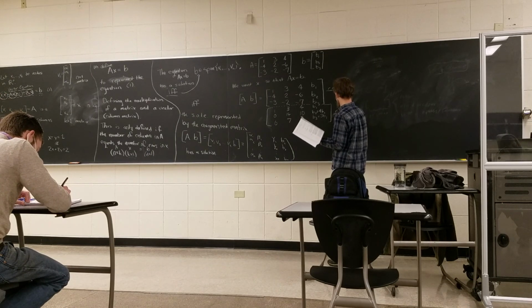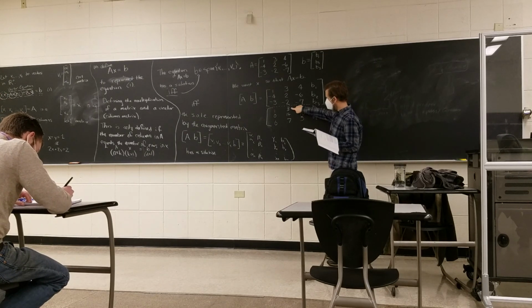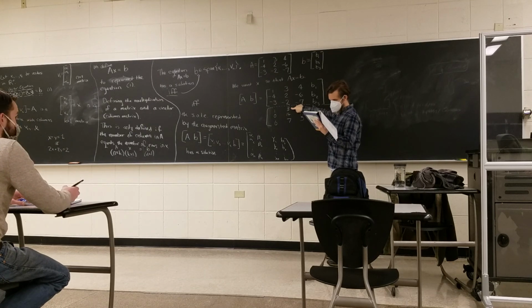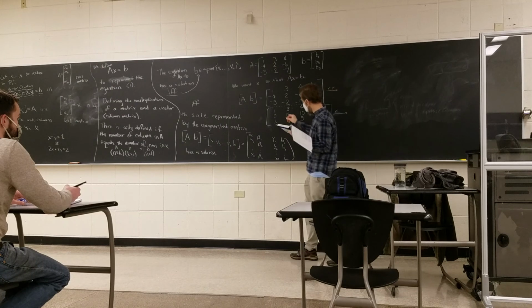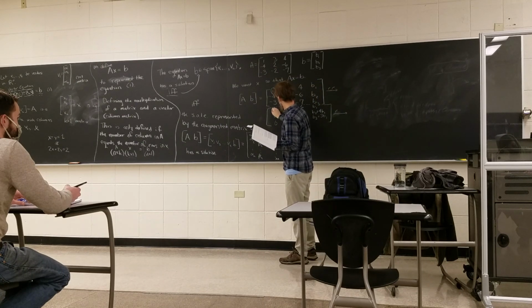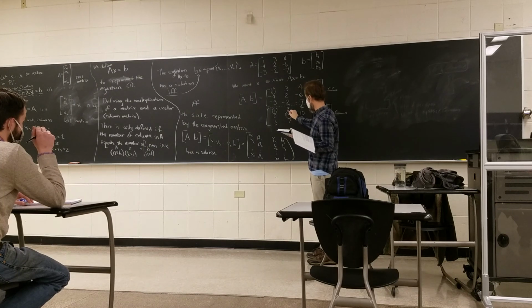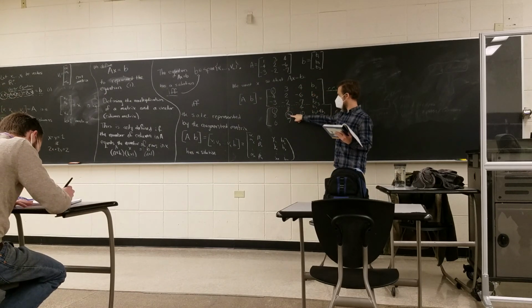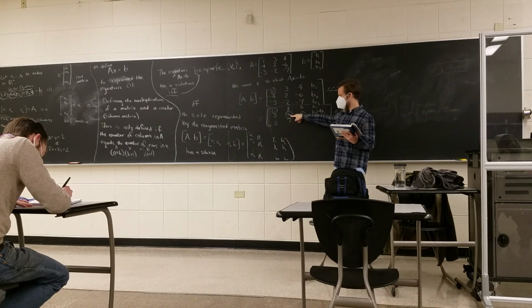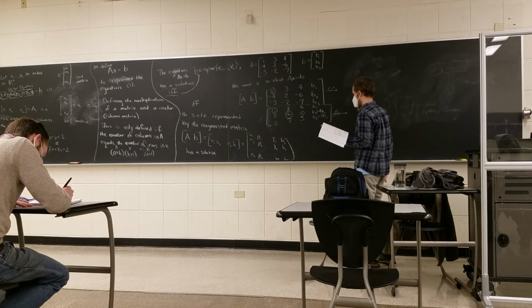So now I'm going to do another replacement. This is my first pivot. And then I ignore this, that's the row reduction algorithm. This is my next pivot. So I'm going to multiply this row by negative 1/2 and add it to this row.